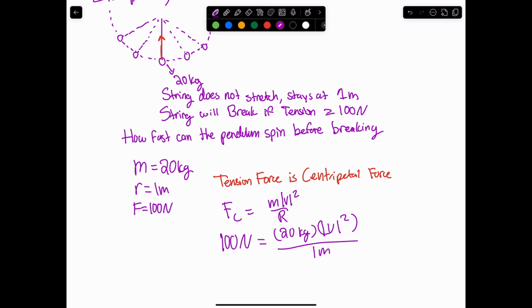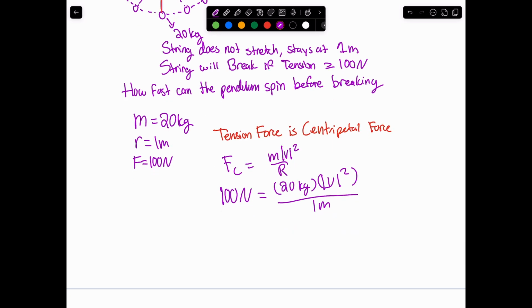Now, just by this, we can solve the question of how fast can it spin until it breaks. The question is asking, what is the maximum speed it can spin before the pendulum breaks due to tension? So we have our maximum tension, we have our radius, we have our mass. Let's solve for velocity. So we have 100 divided by 20 equals speed squared.